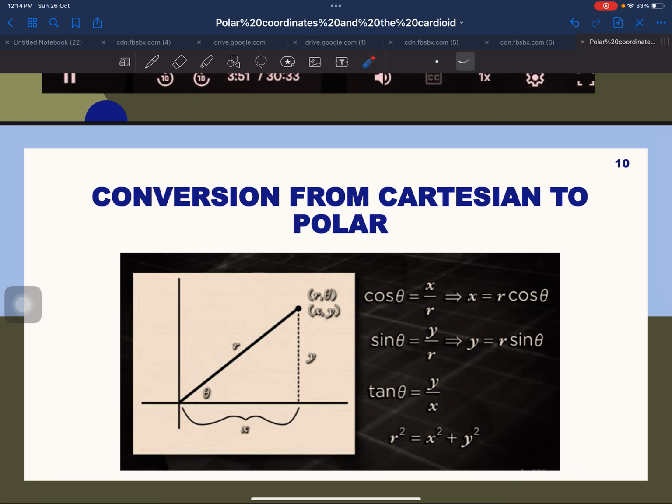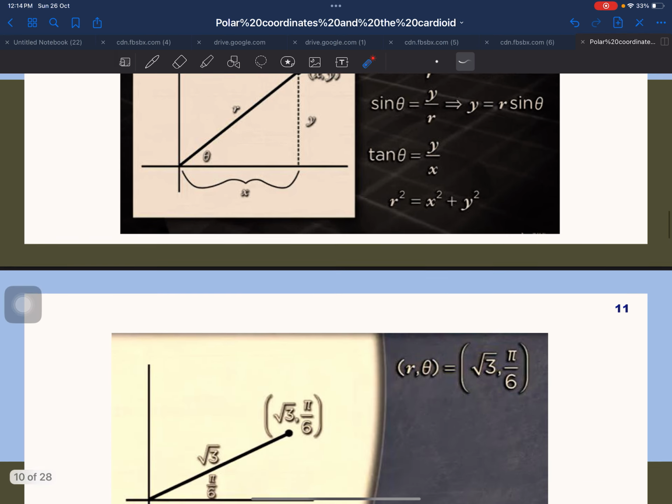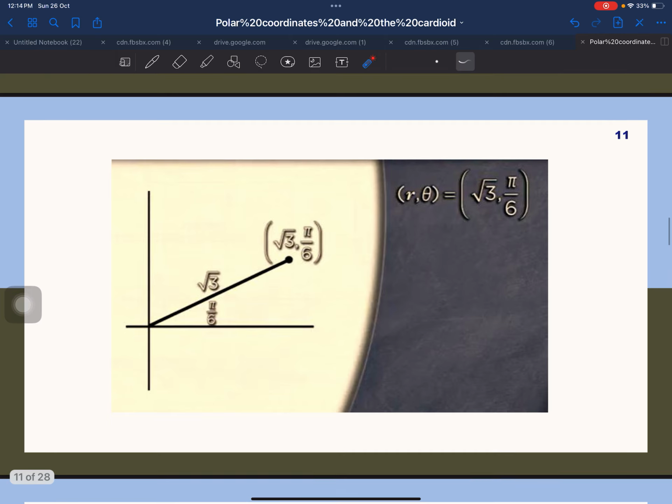Okay, so let's have more practice. Let's go from polar to rectangular. Now suppose you're given the polar coordinate (square root of 3, pi over 6). Then you ask yourself right away, where is this point?